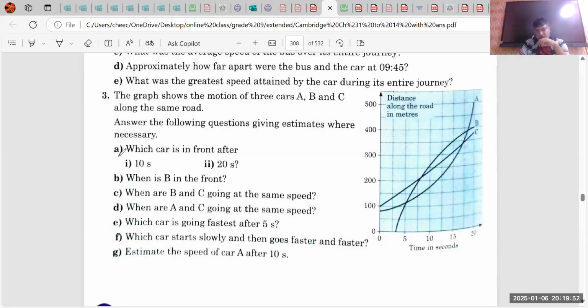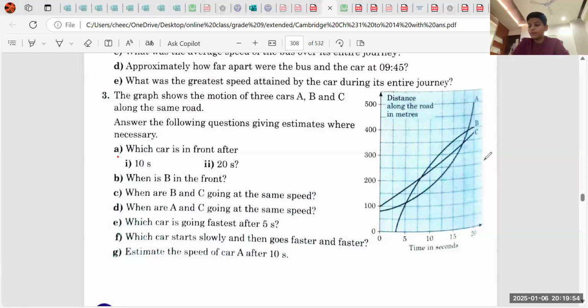Tanish, you can speak for the A part. Sir, we haven't. Sir, B and A. Okay, next one. We have to send all together.